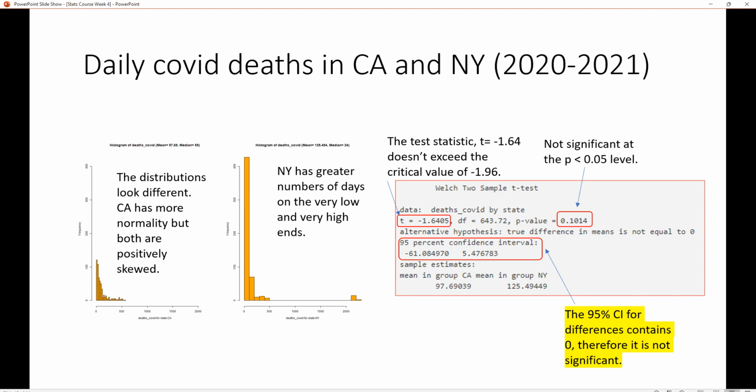Again, we can set our alpha levels at different rates or at different probabilities. 0.05 is kind of the standard approach, but you can adjust it to 0.10, but you'd want to do that before the analysis rather than after getting that value of 0.10. And if you're working with a smaller sample, you might be motivated to do that.